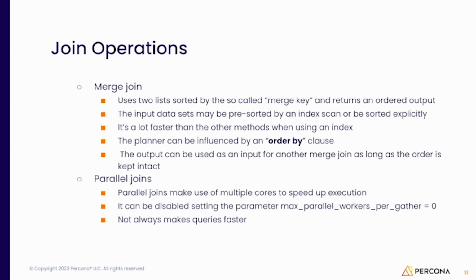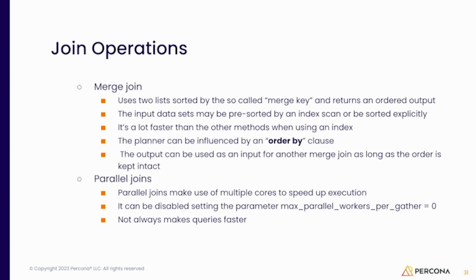The data set may be pre-ordered using the index, and that's why it's highly efficient using the index. There are some cases and circumstances where even without using an index, the database can still do a merge join, but they are rare cases. So if you want to get a merge join, you probably will have to go for an index.